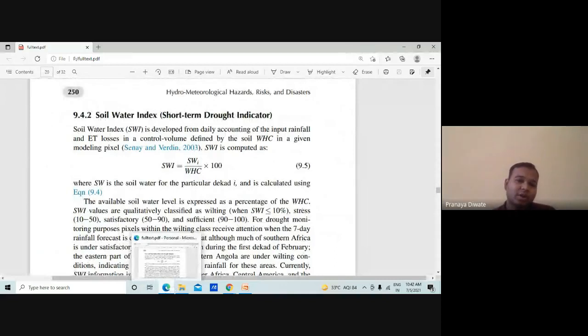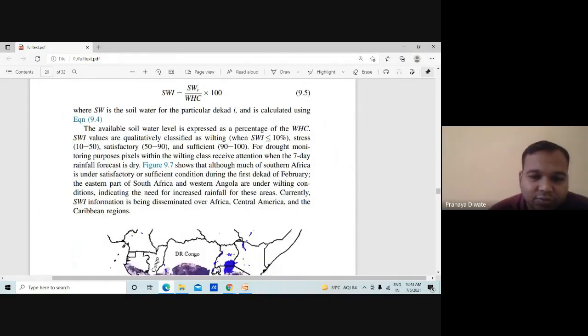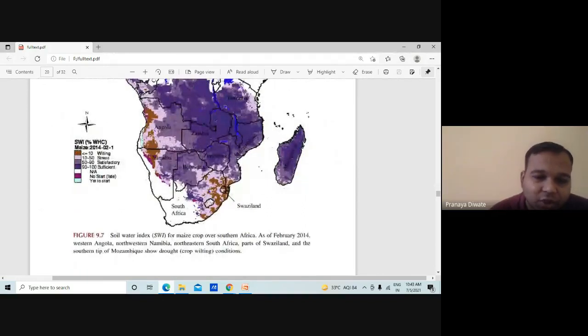Then you have soil water indexes. The soil water index is developed from the daily accounting of input rainfall and ET losses in a control volume, where the soil water is tracked for the particular decade.